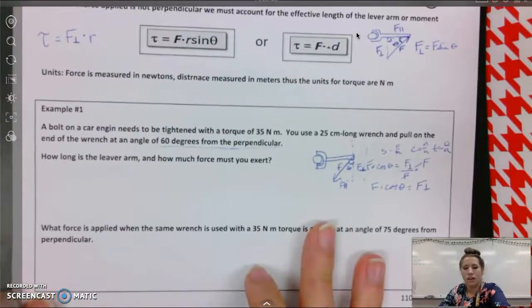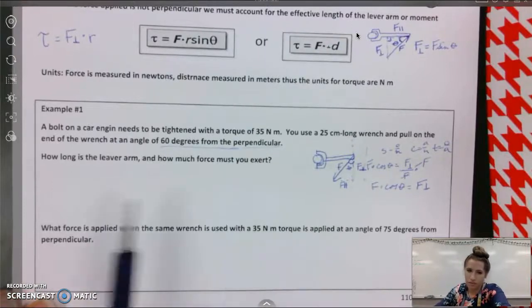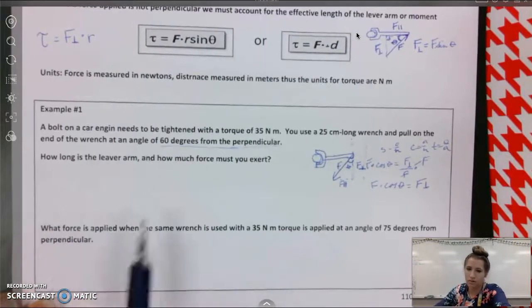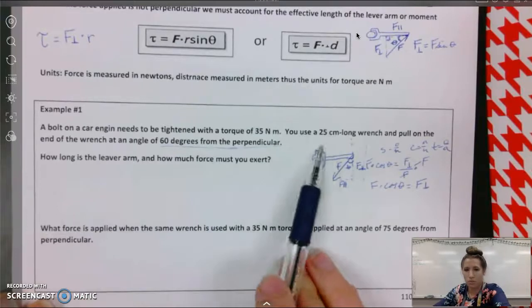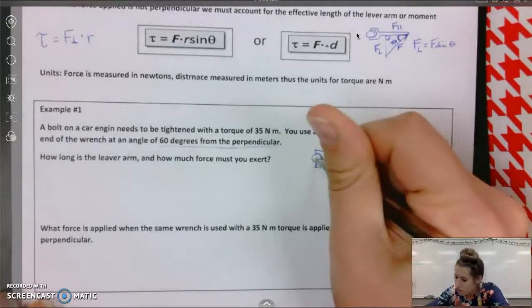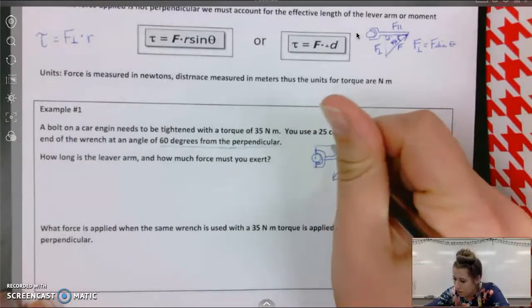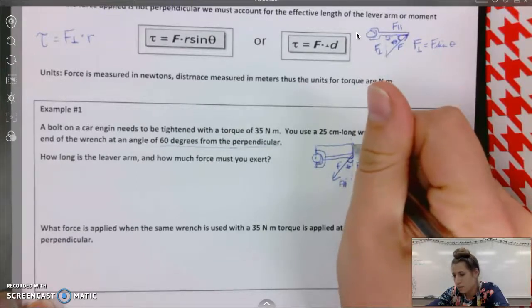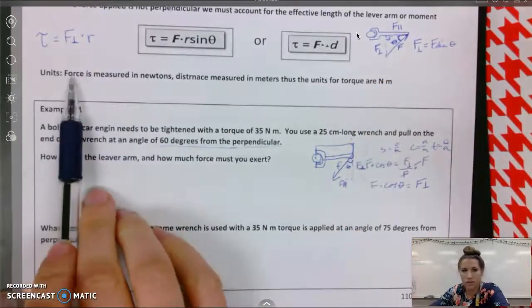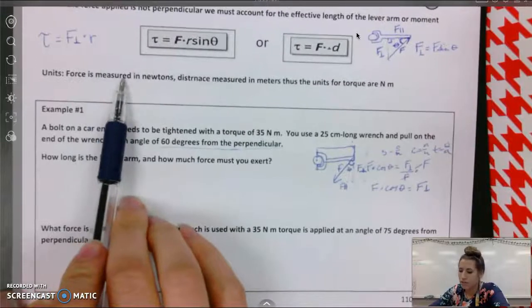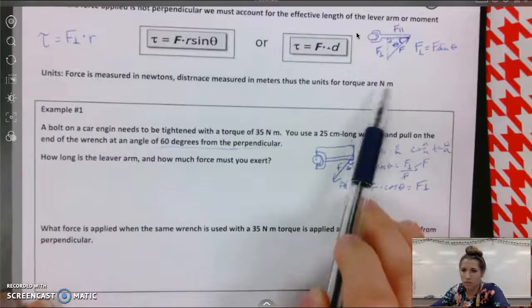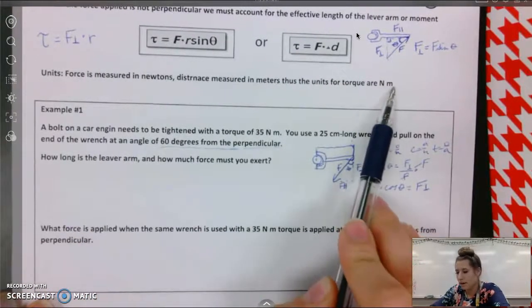Okay? And it's asking us, first, how long is the lever arm? Well, we use a 25 centimeter long wrench. So this wrench is 25 centimeters, but we need it to be in meters. We didn't kind of address this. Units of torque is Newton meters. It's a force multiplied by a distance, right?